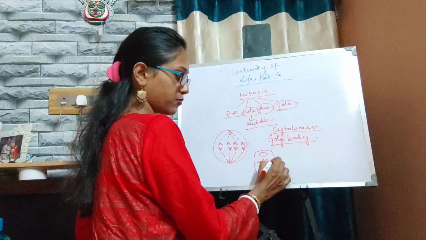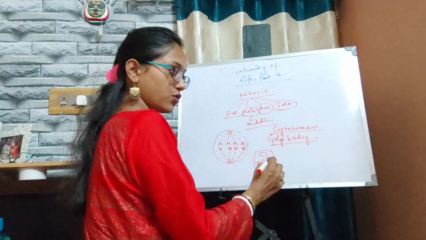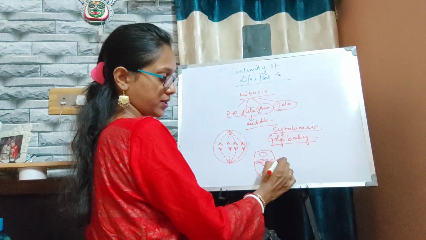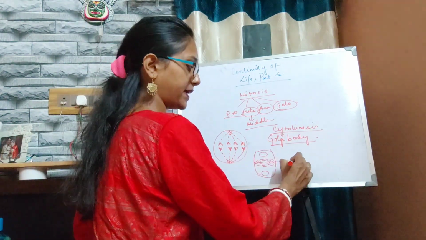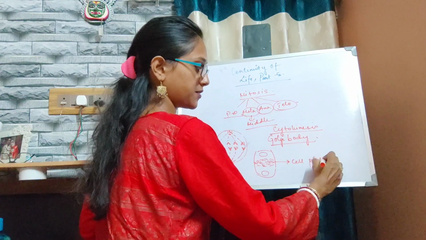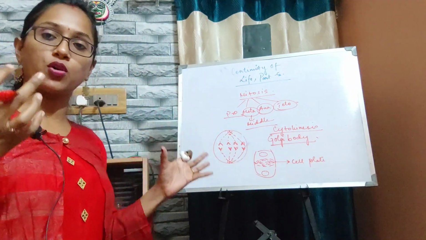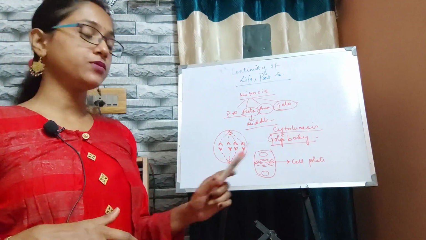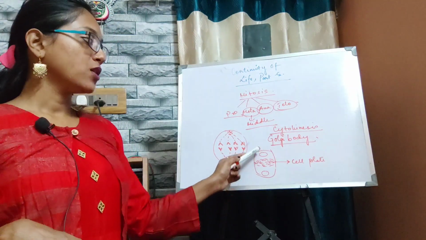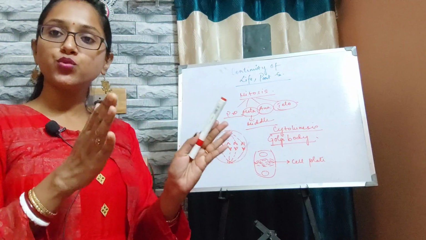This is called phragmoplast. It gets bigger and bigger, and forms the cell plate. The phragmoplast I mentioned now becomes bigger and forms the cell plate, and now this cell plate will ultimately divide the one mother cell into 2 daughter cells.